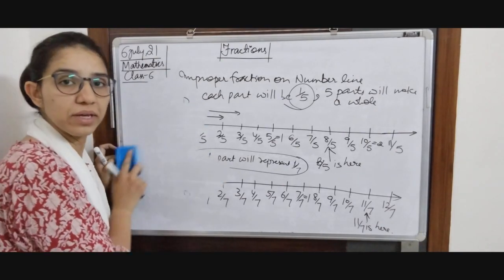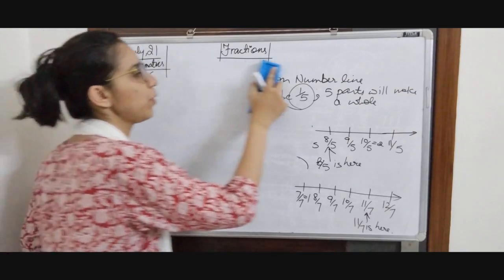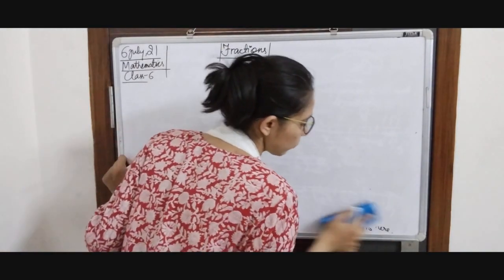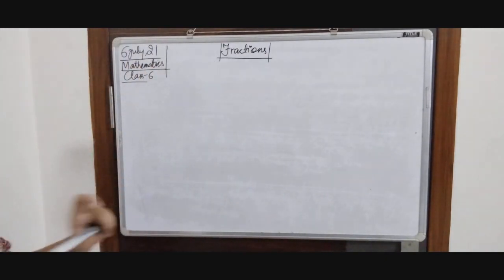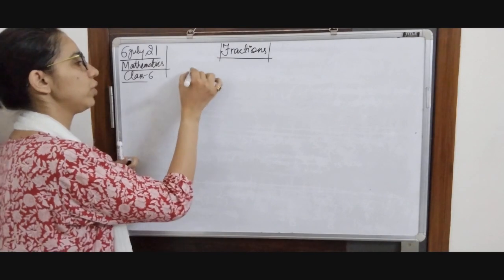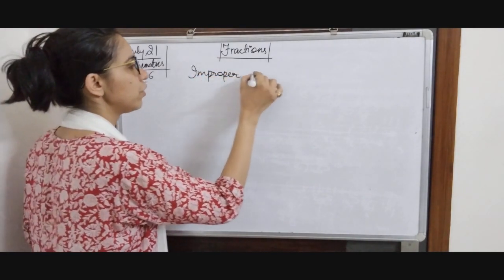Next topic is how to convert an improper fraction into a mixed fraction and a mixed fraction into an improper fraction. So first we are going to do improper to mixed.